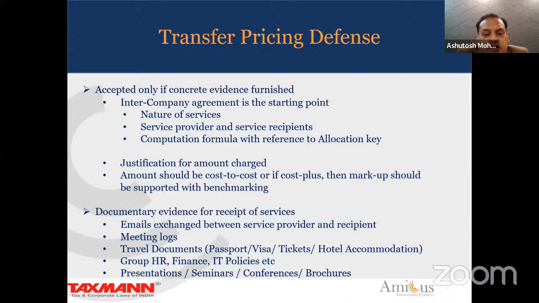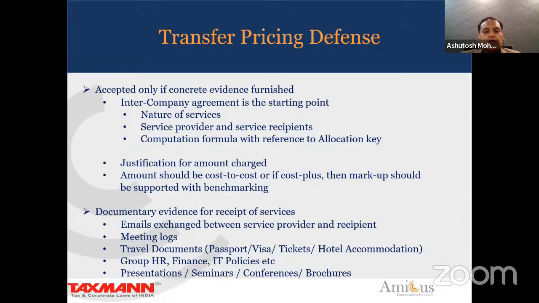Then on this cost, a markup will be loaded. This markup could be 3%, 4%, 5%, or whatever. This will be determined based on a benchmarking exercise. And once the cost plus markup is determined, that charge will be allocated. It will be split across the different recipients of services on the basis of the allocation key.